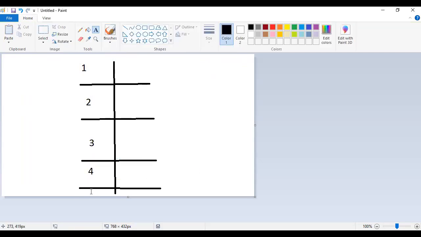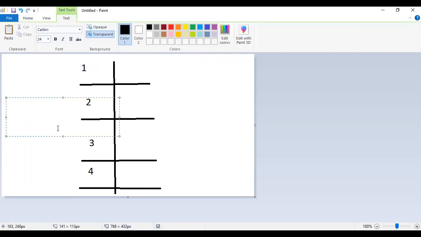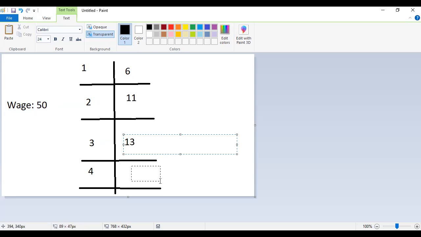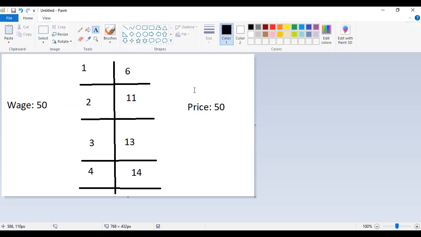We'll just say 4, and we'll say their wages are $50 for that. So we'll say he made 6, made 11, made 13, and he made 8. And we'll say the price is $50 because it'll make it a little easier.